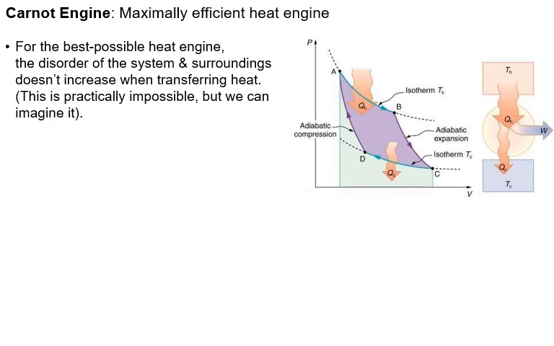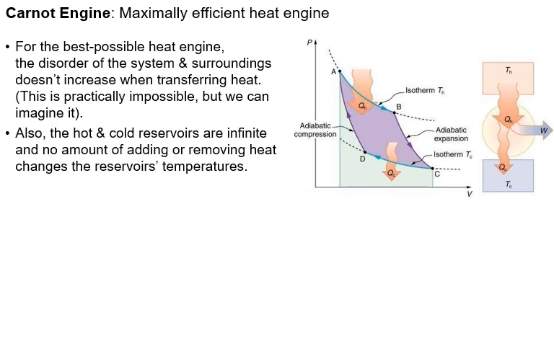For the best possible heat engine, we need the disorder of the system and the surroundings to not increase when transferring heat. It's impossible, practically speaking, but we can imagine it and you can approach it in real life. You also need your hot and cold reservoirs to be completely infinite. So taking heat from the hot reservoir doesn't change its temperature.